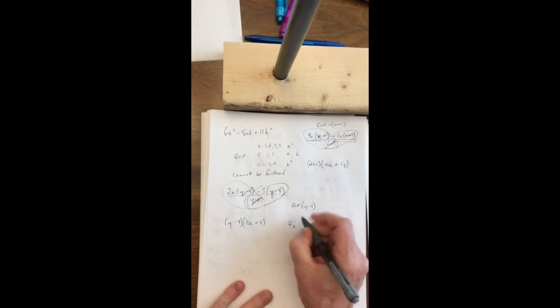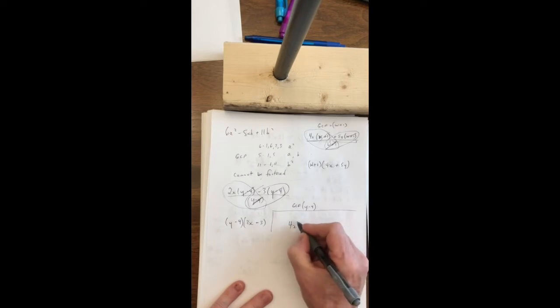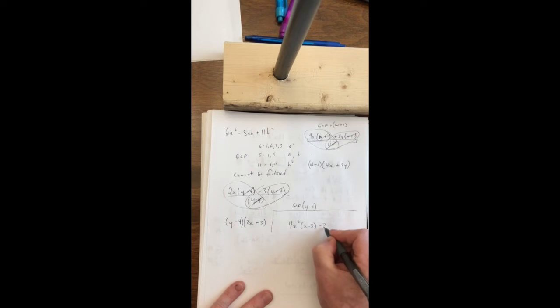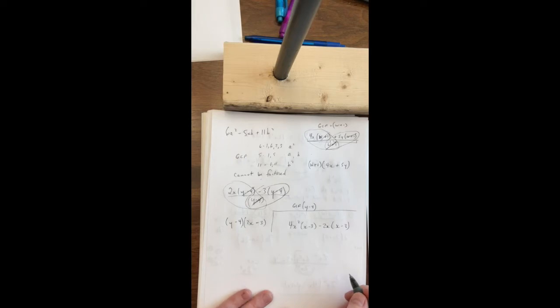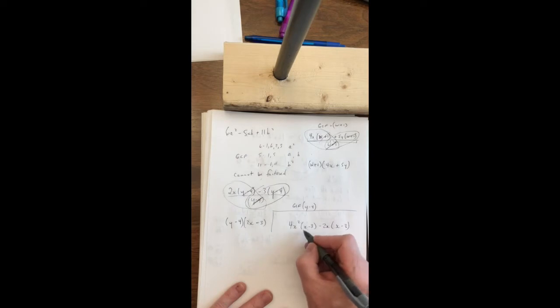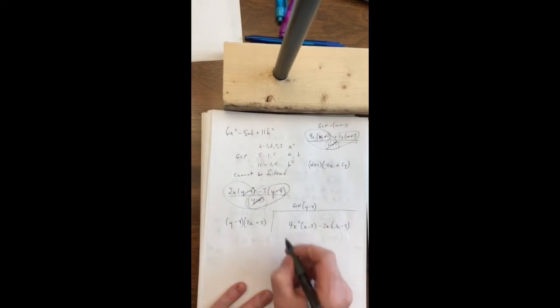And one more and then we'll move on. So let's do x minus 3 minus 2x, x minus 3. All right, our greatest common factor here, we're just going to pull this out of both.